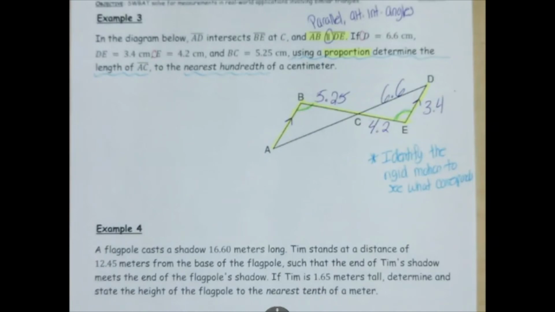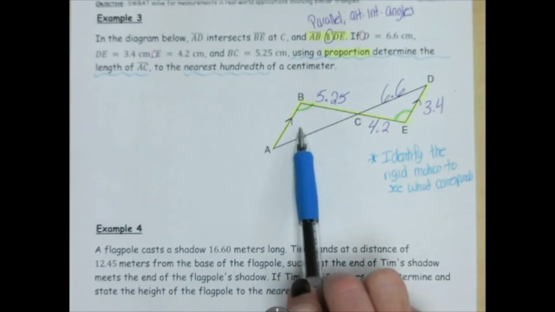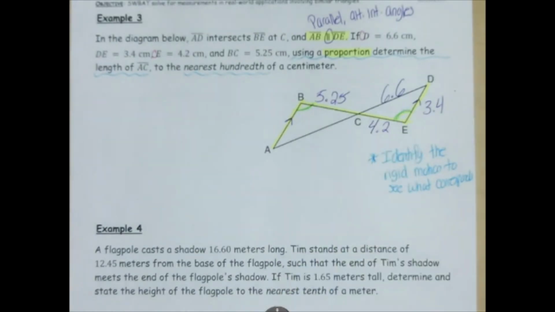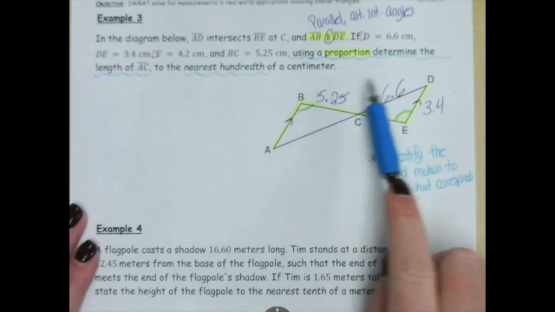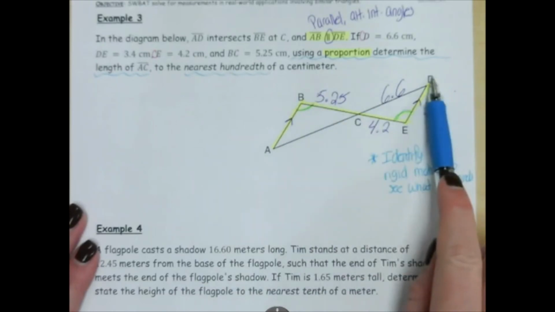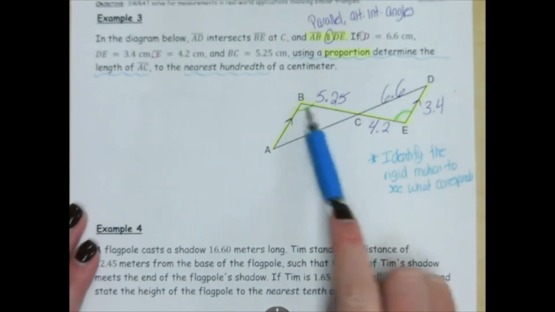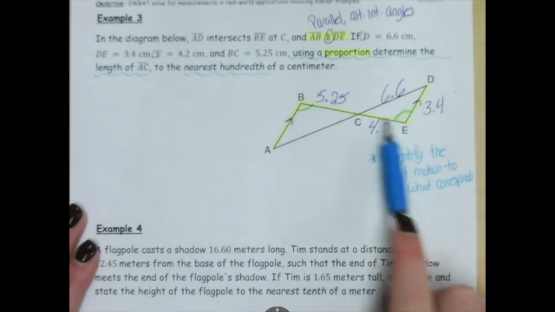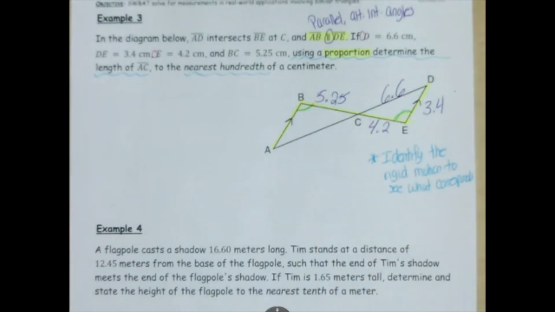Now I'm ready to start, because what rigid motion is going to map ABC onto DEF? Is it going to be a reflection or a rotation? Well, if it's a reflection, that's just like flipping a page. So B should flip right over and map onto D, but is that true? No. B should be going to E. So when you move on a diagonal like this, it's a rotation.